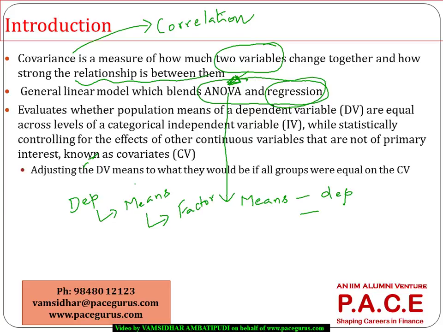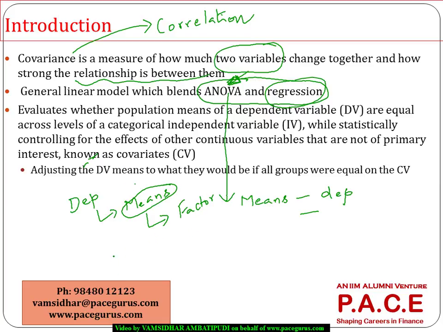If I'm using one factor, I'm calling it one-way ANOVA, otherwise two-way ANOVA. So I'm trying to evaluate or compare the means of the dependent variable exposed to various factors.